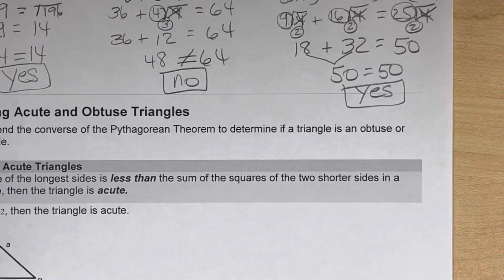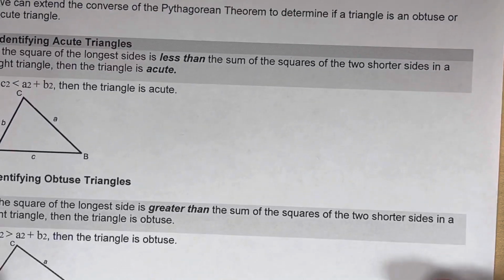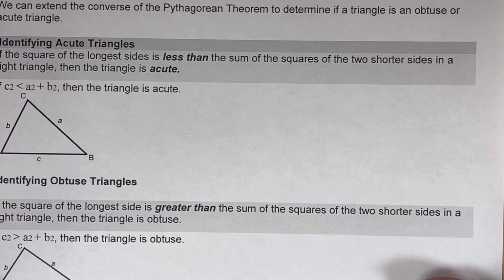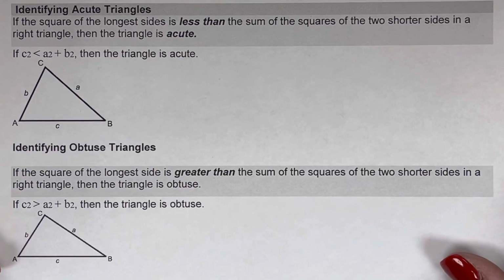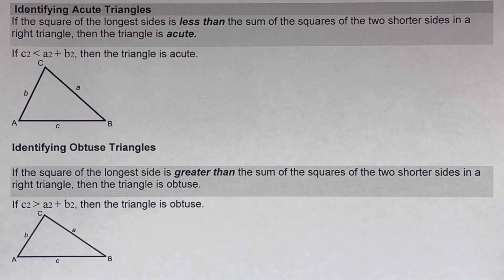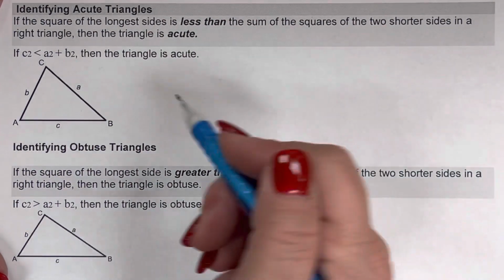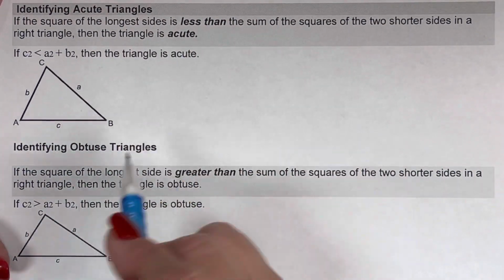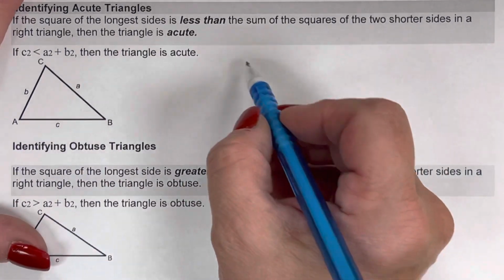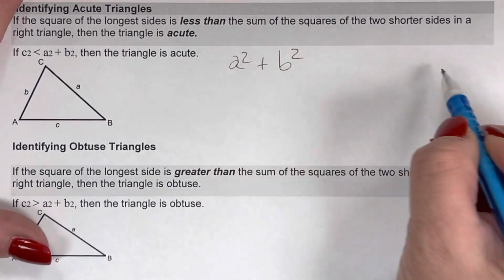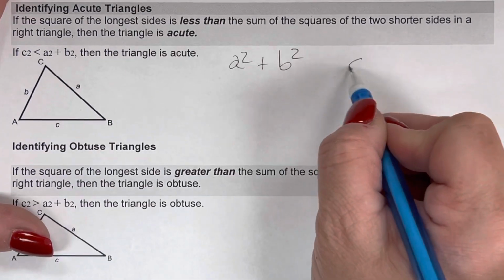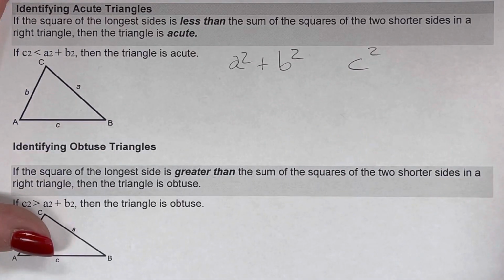Okay, now the next thing we're going to do is we're going to talk about identifying acute and obtuse. Okay, and I know most of you think that you can tell just by looking at it, but no, you don't want to do that. Not so much. Okay, so this is how you do it. You're still going to set it up using a squared plus b squared, okay, and then have c squared over here, all right?